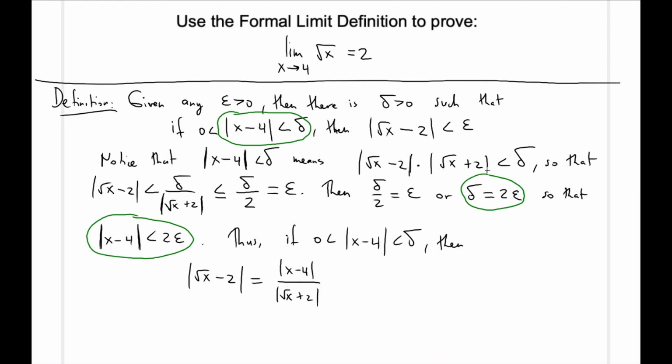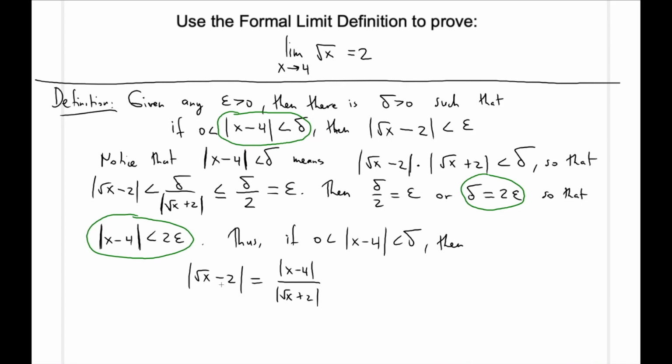So that means if you set them equal, which they are, these two left sides, to solve for the individual expression here, square root of x minus 2, you would have to divide both of these by the square root of x plus 2. And that's exactly what you see here. So x minus 4 should be divided by the square root of x plus 2 in order to solve for the square root of x minus 2.